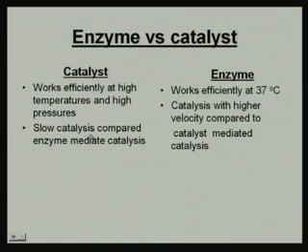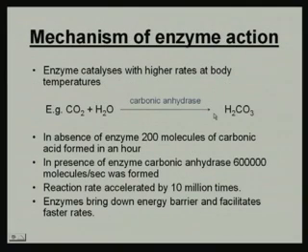So, slow catalytic reactions are observed, but the biocatalysts are highly specific towards their targeted substrate molecule, and that is the reason the velocity of reaction is much higher compared to any chemical catalyst.